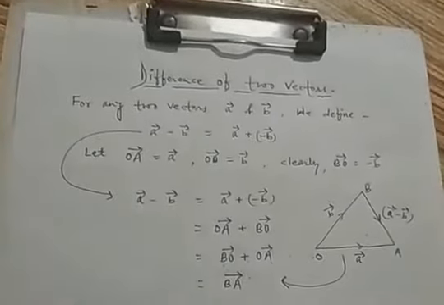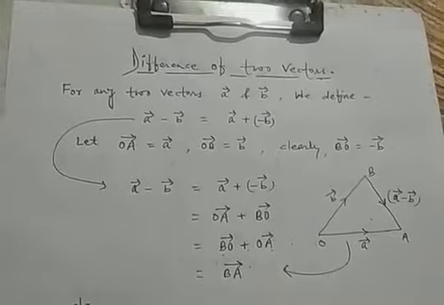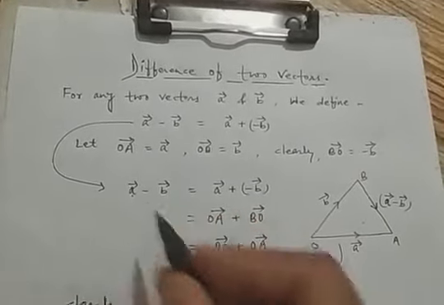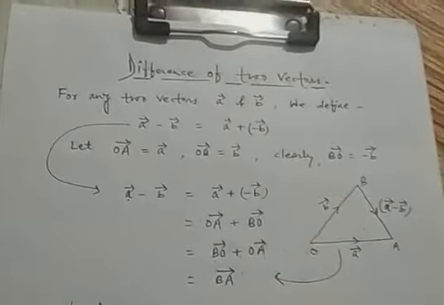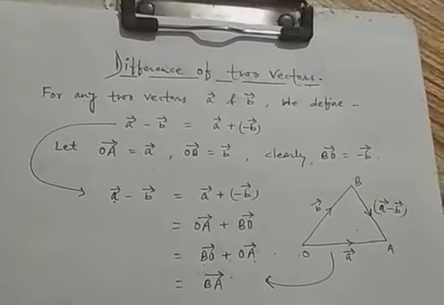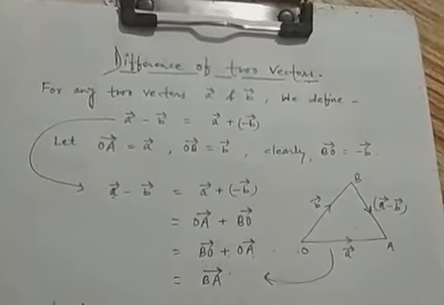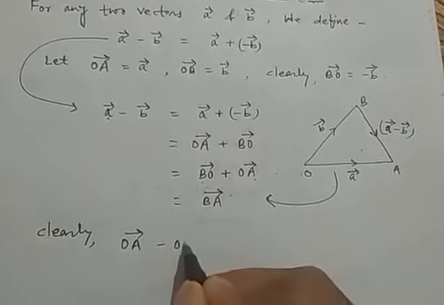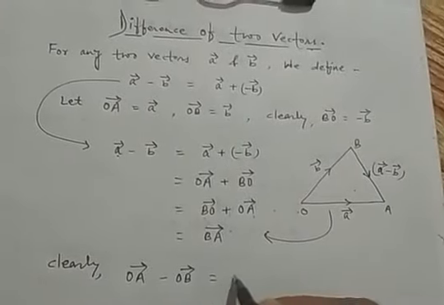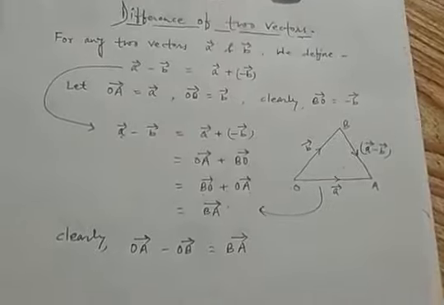Okay students, so here clearly vector A is equal to vector OA minus vector B, which is vector OB, is equal to vector BA.